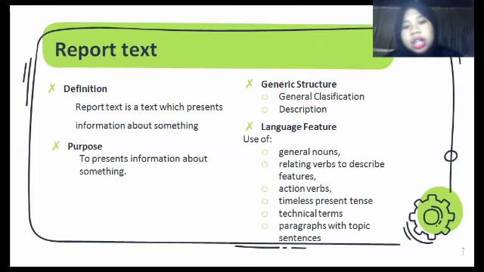Next, use of technical terms. For example, isobars are lines drawn on a weather map. And the last, or sixth, use of paragraphs with topic sentences to organize bundles of information. Repeat naming of the topic as the beginning focus of the clause.